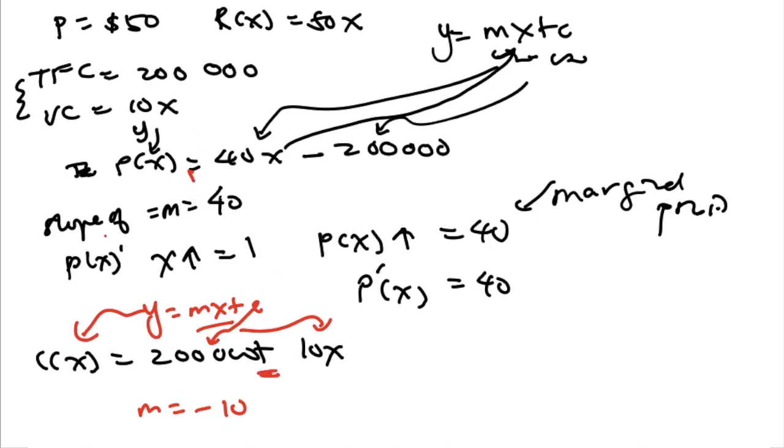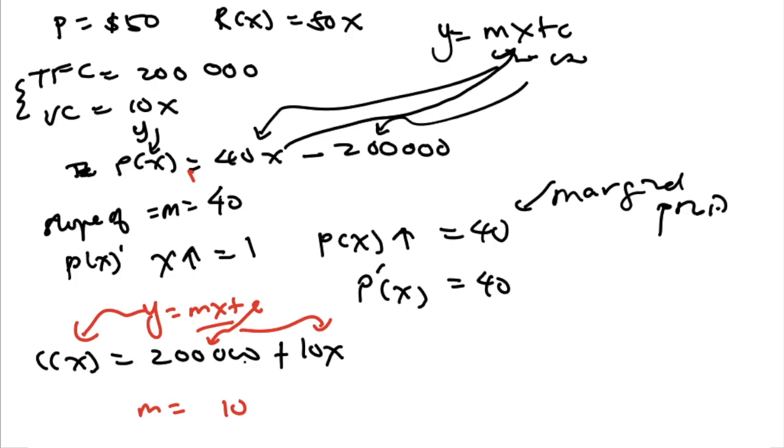Let me rewrite it clearly so that you are not confused. So the slope of the cost function is 10.